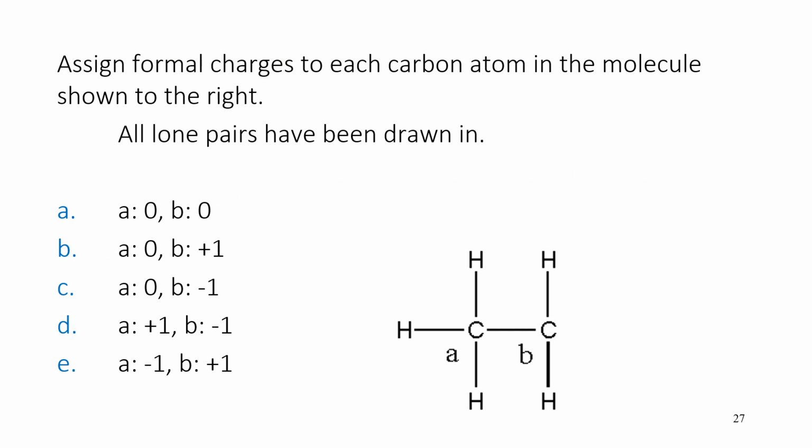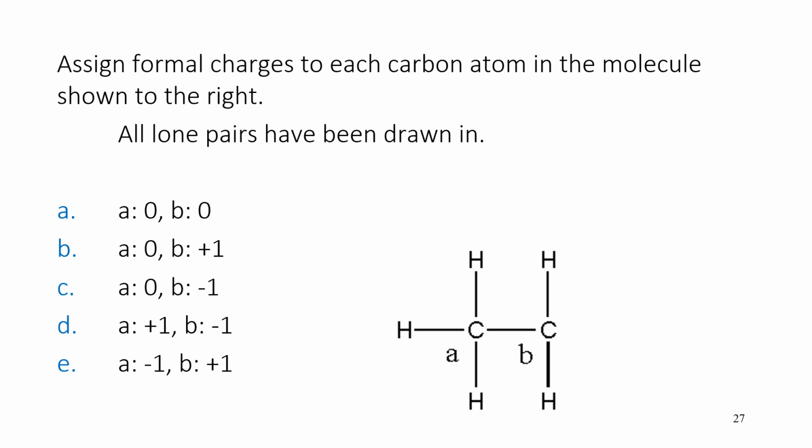So if you look closely at this example, we can see that what we need is the formula which states that the formal charge equals the number of valence electrons minus the number of bonds plus the number of unshared electrons.